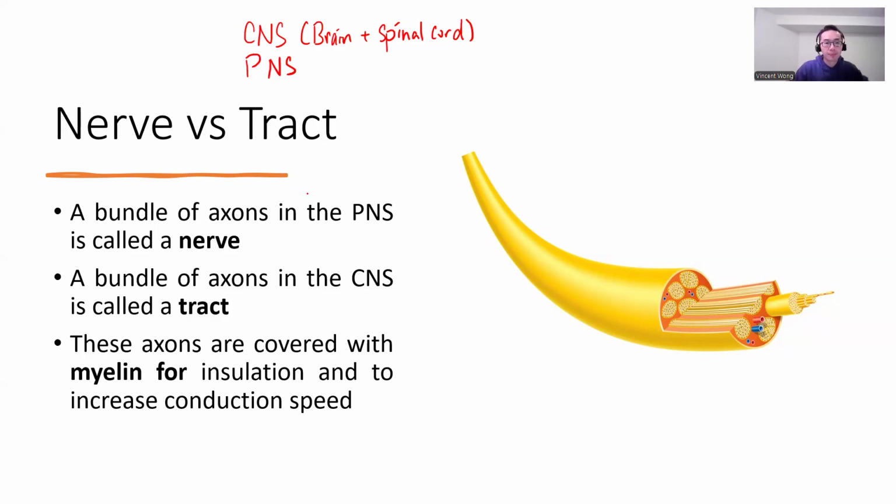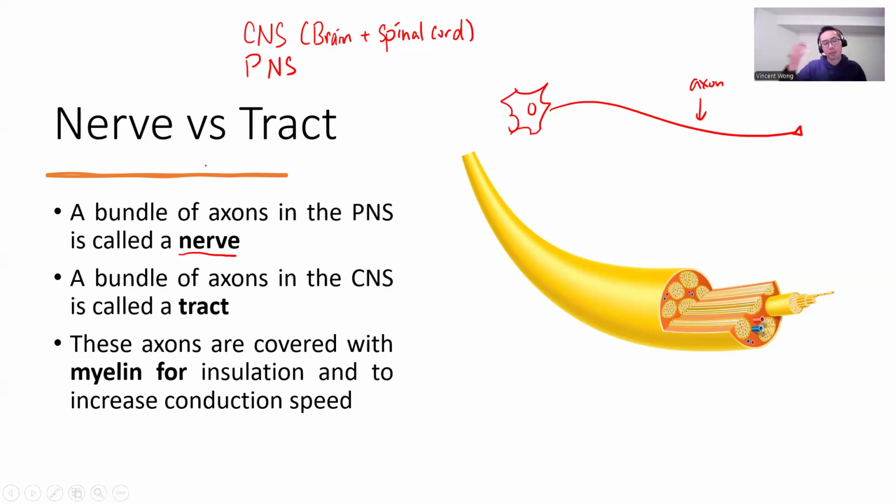For example, you already know what an axon is, right? This is your neuron, and then you have the long tail. This is an axon. So when you have a bundle of axons like this, a group of axons all packed together in a bundle, we will refer to them as a nerve if it is outside of the brain and spinal cord. If it's in your PNS, then we say a nerve.